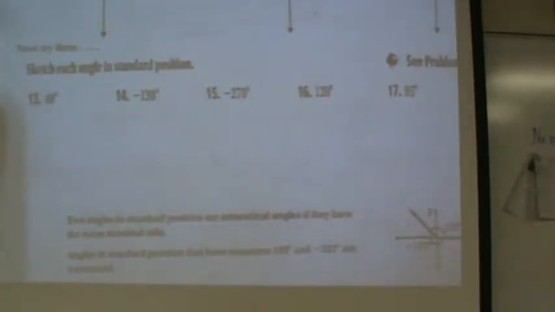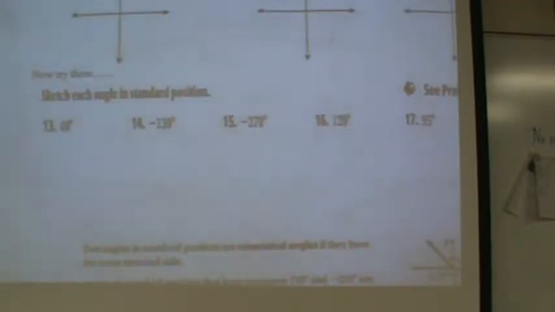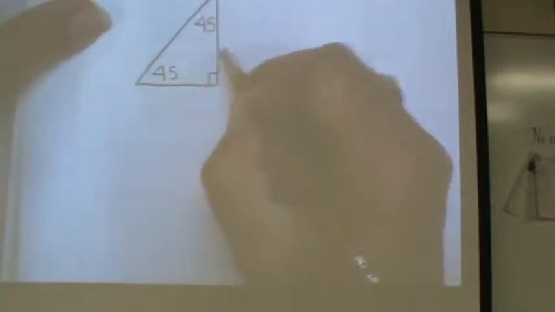Then we talked about a couple special triangles. Do you remember those 2 special triangles that we talked about? Let's review them. We talked about 45, 45, 90-degree triangles.